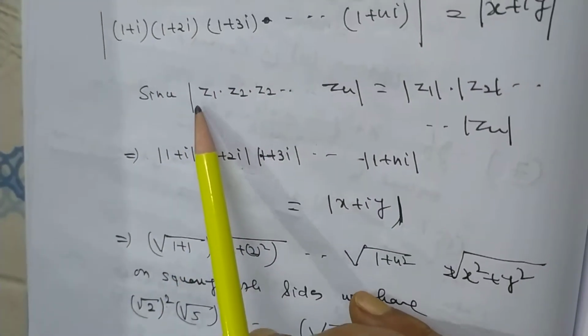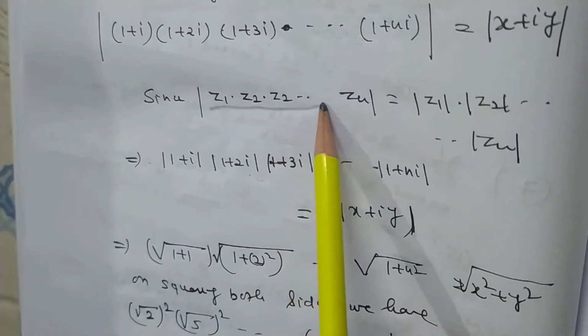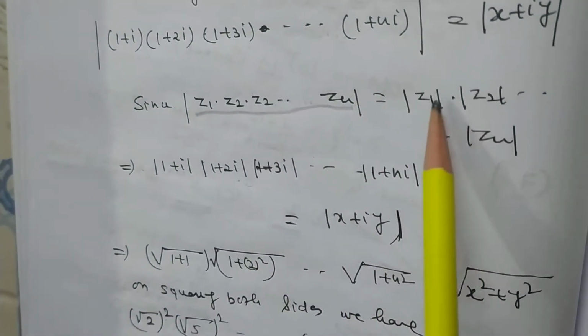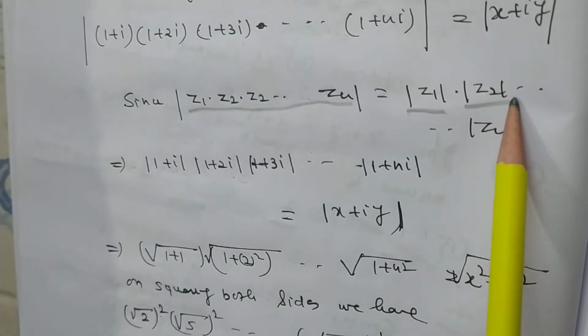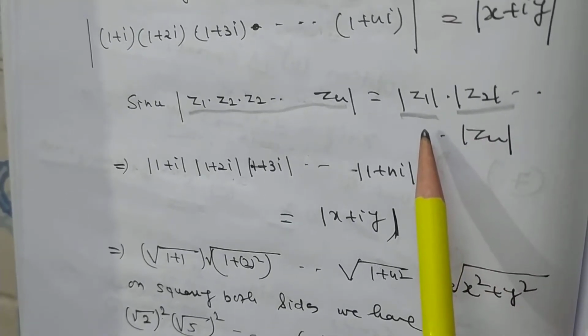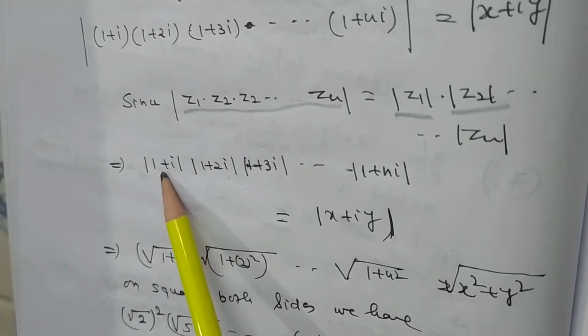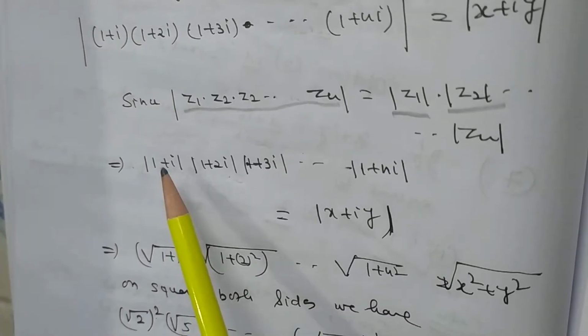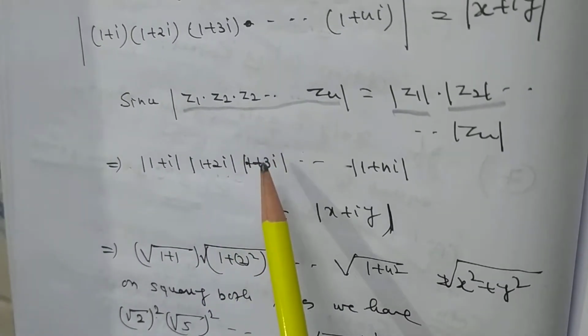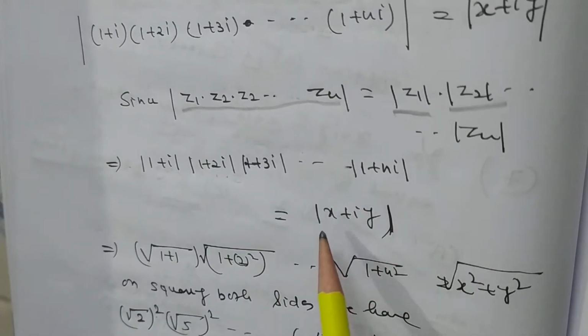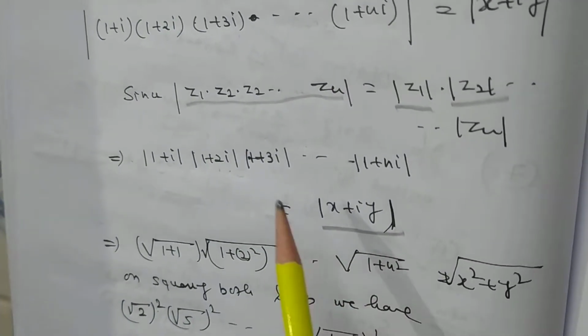You know that the modulus of z1 z2 z3 up to zn is equal to the product of their moduli, that is, mod z1, mod z2, and so on up to mod zn. Now, the magnitude of 1 plus i, 1 plus 2i, 1 plus 3i, and so on up to 1 plus ni is equal to the magnitude of x plus iy.